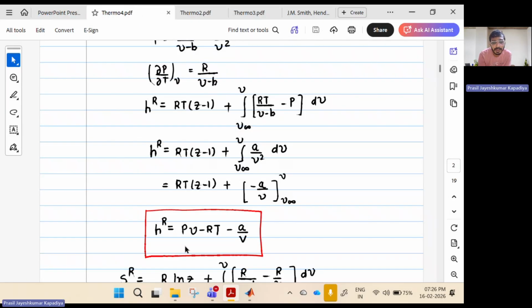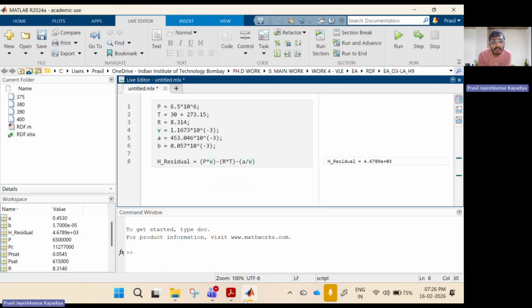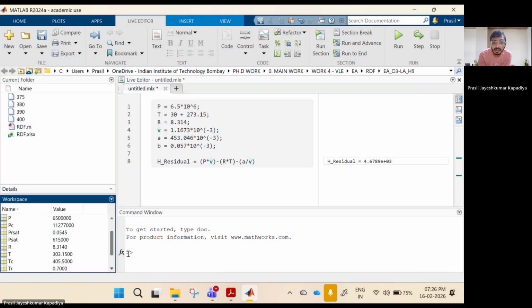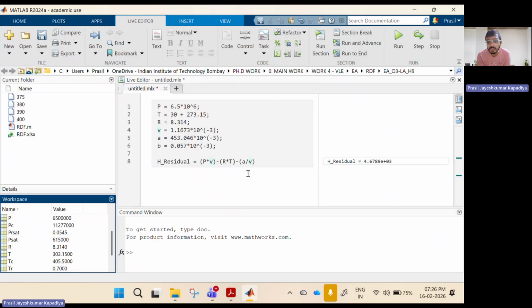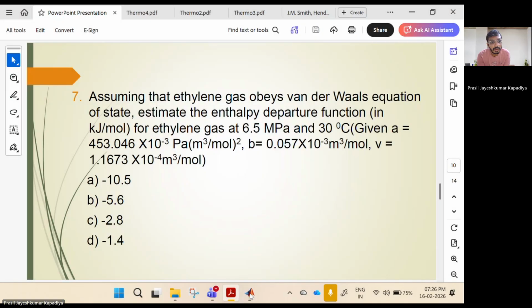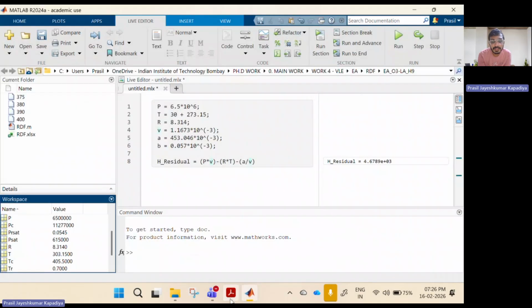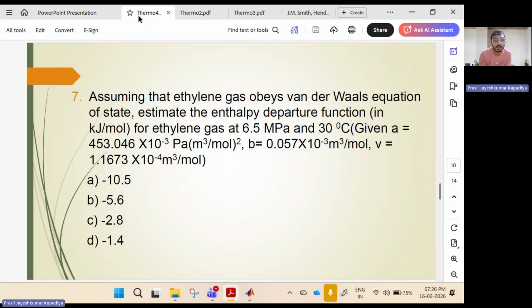Let me check once again. PV minus RT minus a by V. So P into V, minus R into T, minus a by V. I need to find it in terms of kilojoules per mole. Okay, we are making some calculation mistake. Wait a minute.